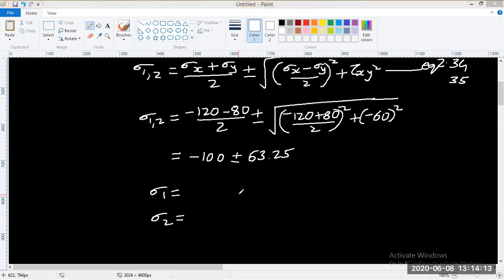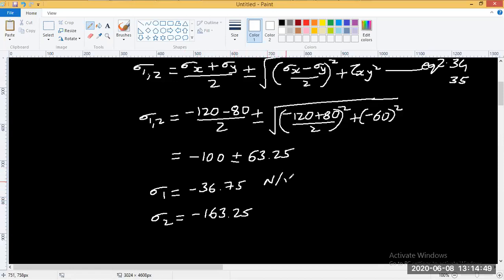So sigma 1 is minus 100 plus 63.25. Yeah, sigma 1 is minus 36.75 and sigma 2 is minus, both are negative, right? So it will come to around minus 163.25.